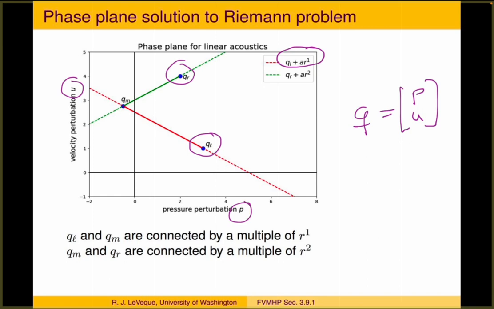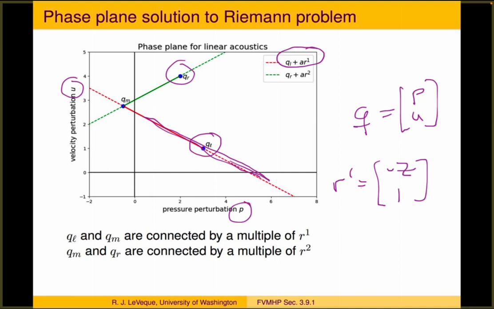Any A times R1, as we vary A, will trace out this line through QL that's parallel to the eigenvector R1, which is minus Z1. So if we take QL plus some multiple of R1, we get some point on this line.